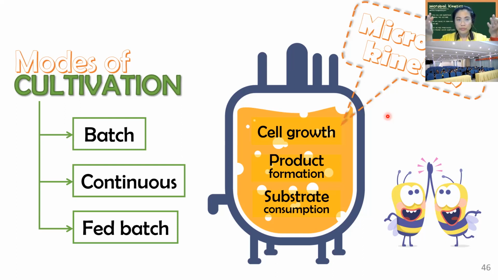So knowing these two things, the kinetics and mode of cultivation, will help you determine the fermentation that you need. And this is just the introduction into fermentation technology, especially for those who are interested in fermentation process development.